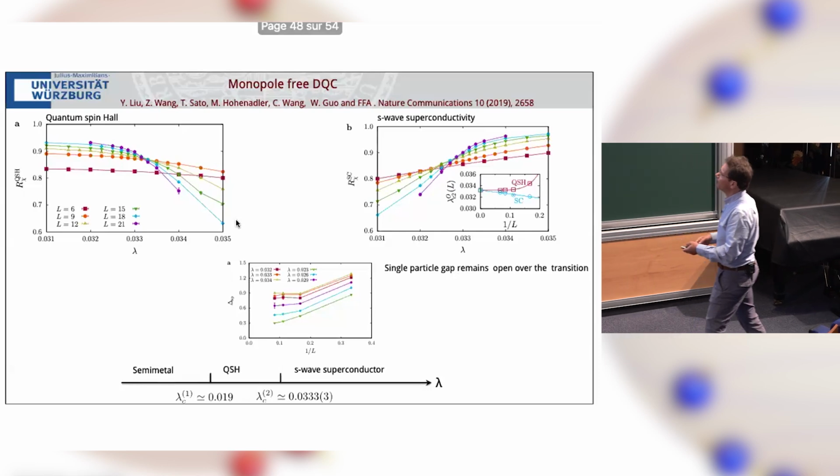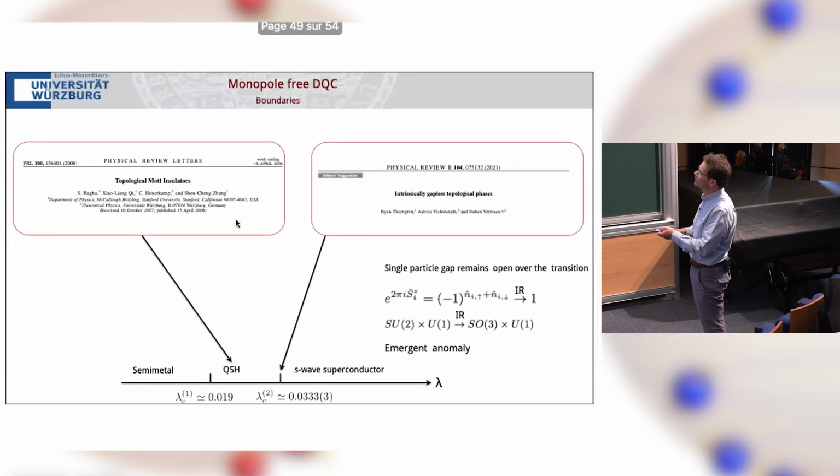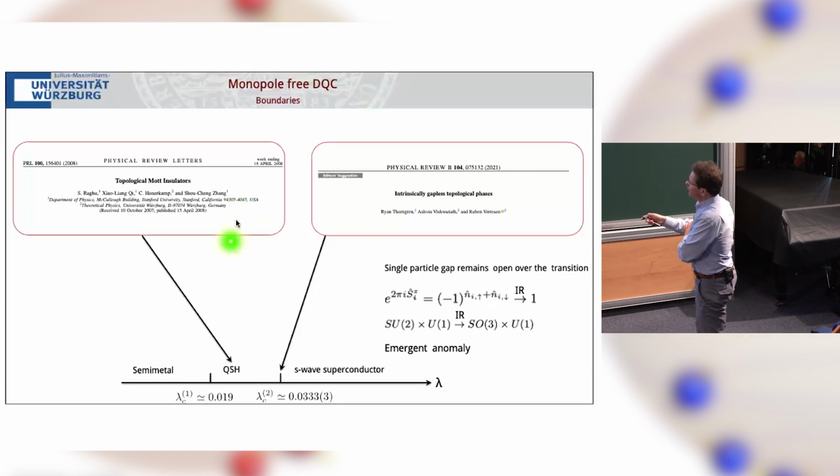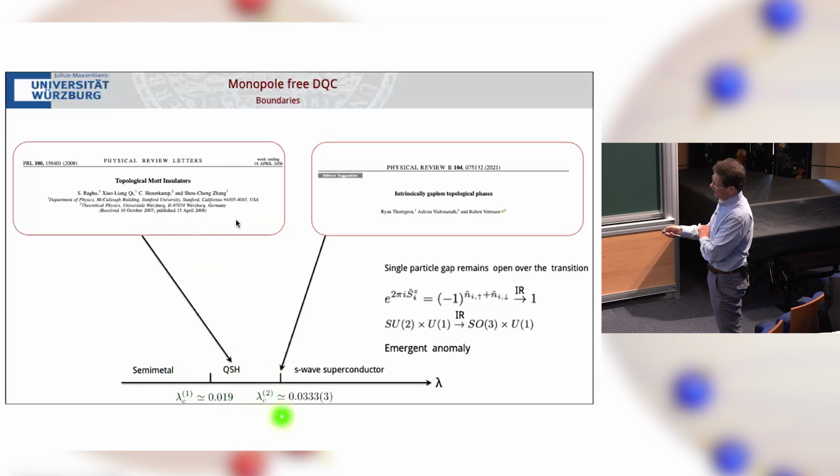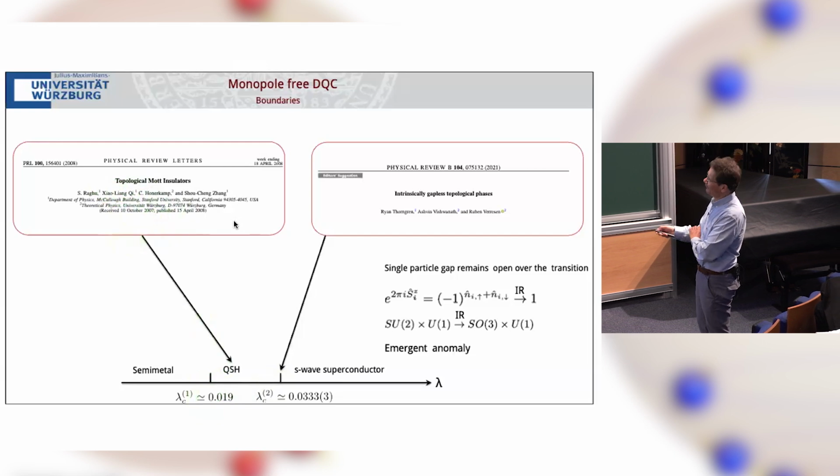So now let's look at this in terms of edges, right? Let's start with the easy thing. That's a dynamically generated quantum spin Hall insulator, and this object has a pretty sexy name, which is called topological Mott insulator. I didn't give that name, but this name is here, right?